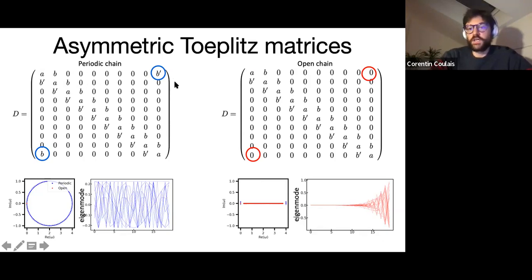And what is very strange here, what I just insisted on, is that whether you have these off-diagonal terms or not, you have a very strong difference in the spectrum. Mathematicians who have studied the spectral properties of Toeplitz matrices know this very well. And I think it's only more recently that physicists have discovered their relevance, right? So that's just a side note. Everything we do here is the physics of Toeplitz matrices that are non-symmetrical, okay?